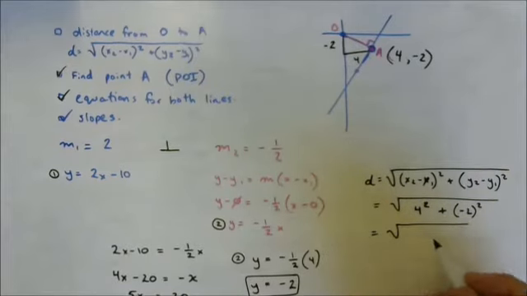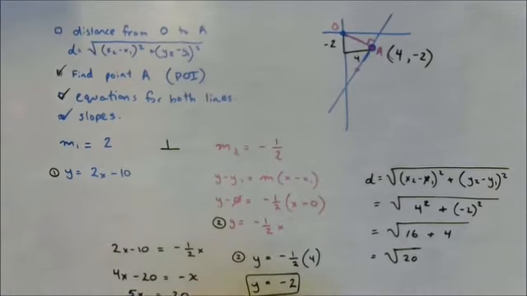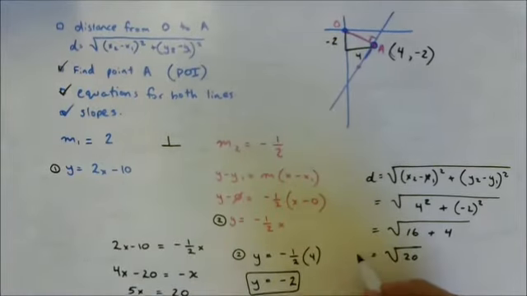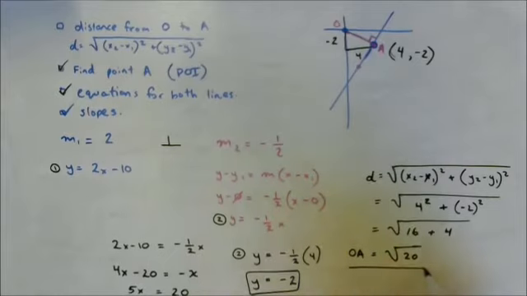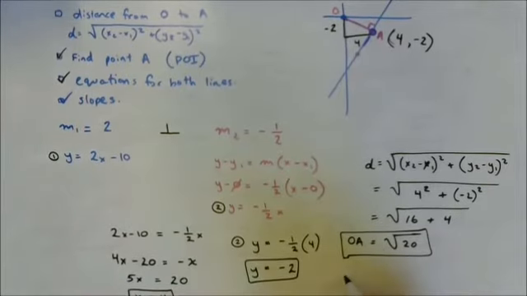If you're getting good at this, you can do it all in one step, but I'll just write down each step. And the question asks for it as an exact value. So this is the answer to A. The distance OA equals radical 20, the square root of 20. That is the answer in exact form.